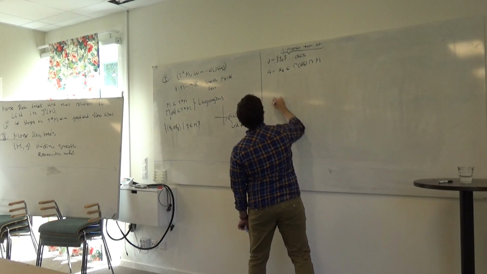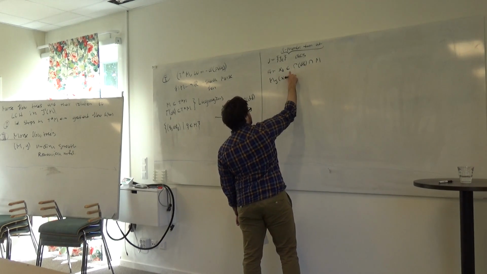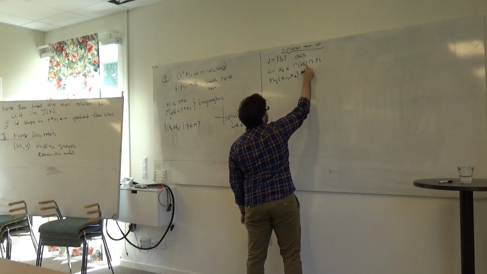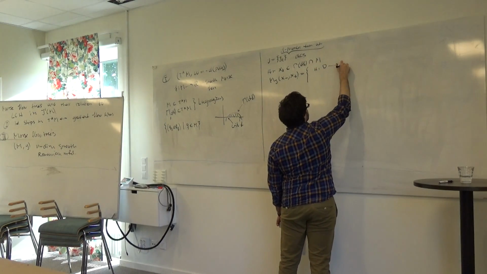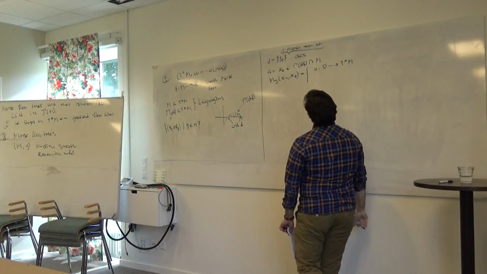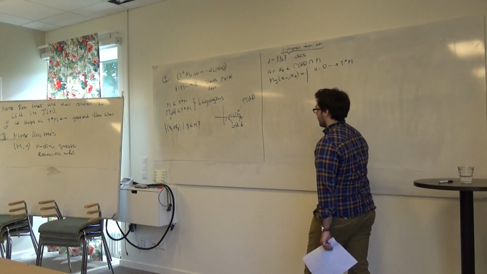I consider the moduli space of maps from the unit disk in C into the cotangent bundle, such that the boundary maps onto.